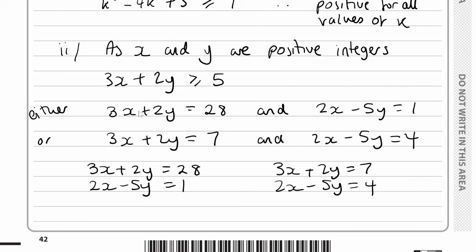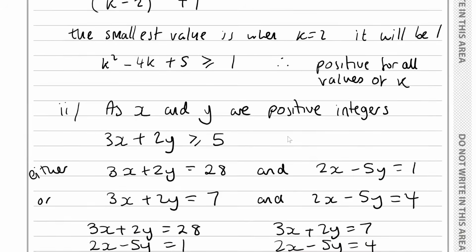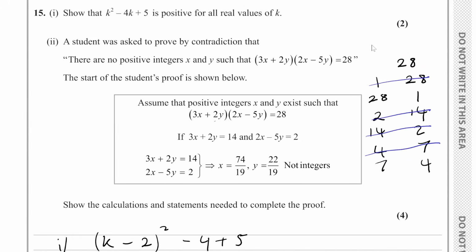I should have probably said we're only trying whole numbers. So if x and y are positive integers, then 3x plus 2y must be an integer, and 2x minus 5y must be an integer. So these are all the integer options.